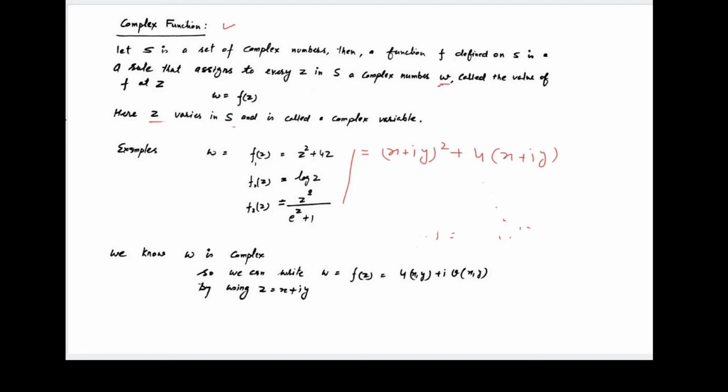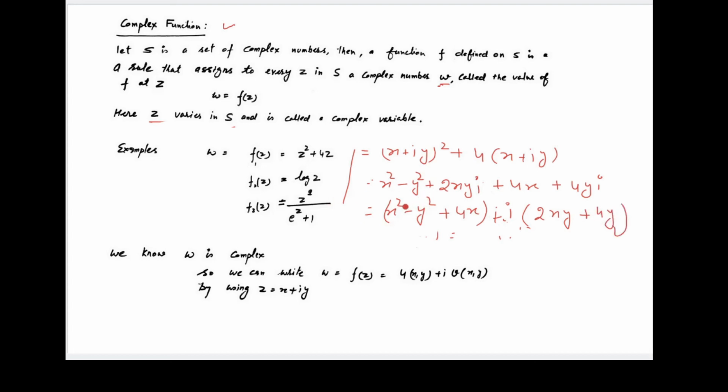After solving it, we will get x square minus y square plus 2x y iota plus 4x plus 4y iota, and this will be further equal to x square minus y square plus 4x plus iota times (2x y plus 4y).